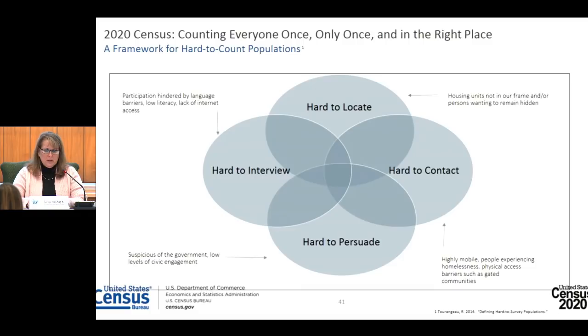The hard to persuade can include populations with low civic engagement and populations suspicious of government. And the hard to interview can include populations where participation may be hindered by language barriers, low literacy, or lack of internet access. Some populations may fall in one, more than one, or all of these categories.